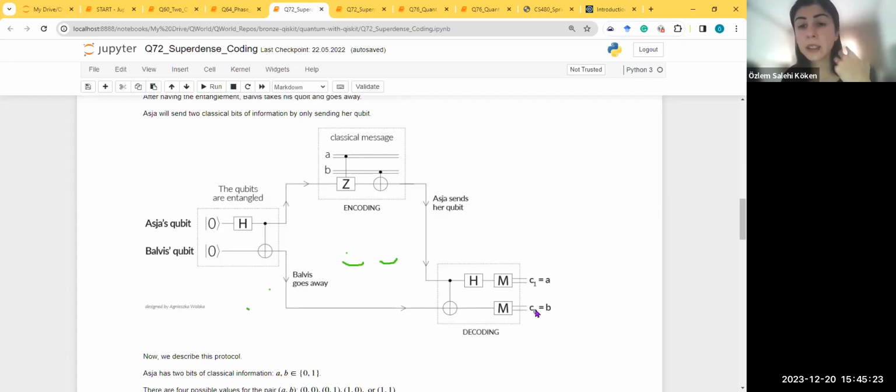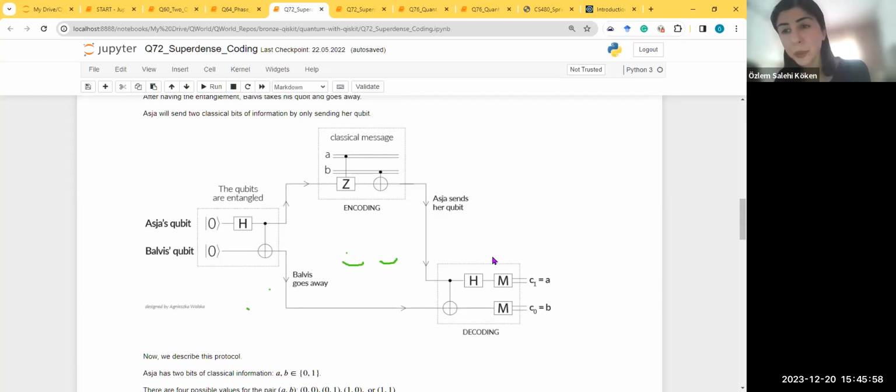And as a result of this, after making the measurement, Balvis is going to read what Asya wants to send him. Exactly. If Asya wants to send 00, Balvis will read 00 here. So now he has 2 qubits and he makes a measurement, he will get 2 bits of information. And what happens here? Asya can send 2 bits of classical information by sending a single qubit.